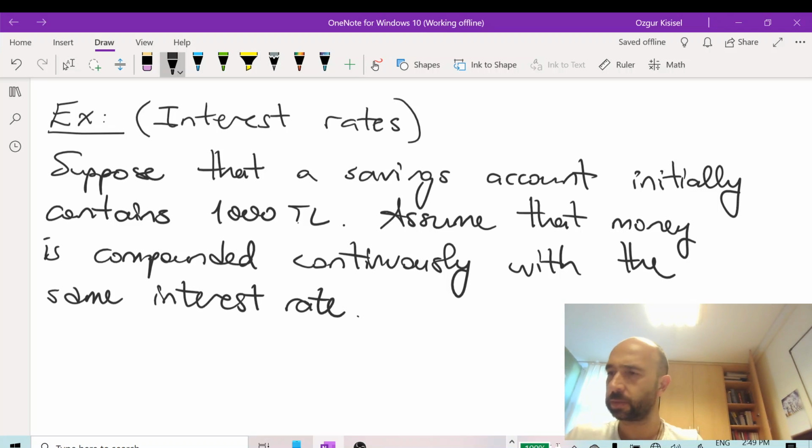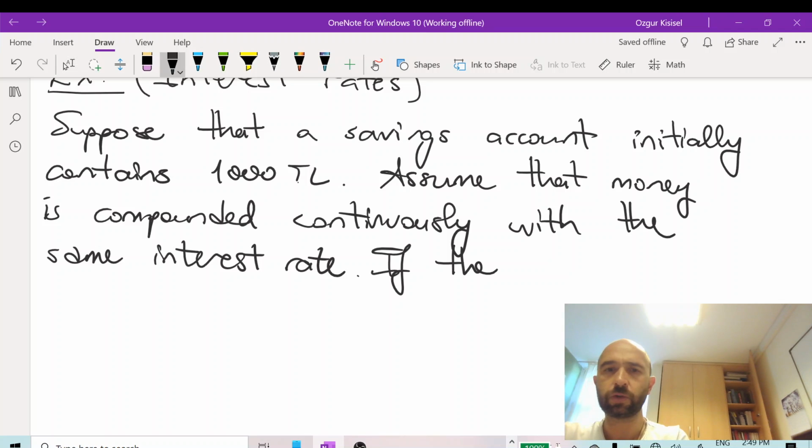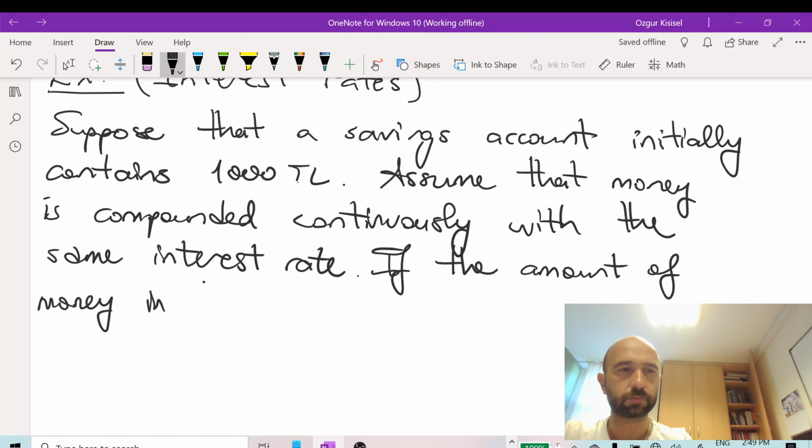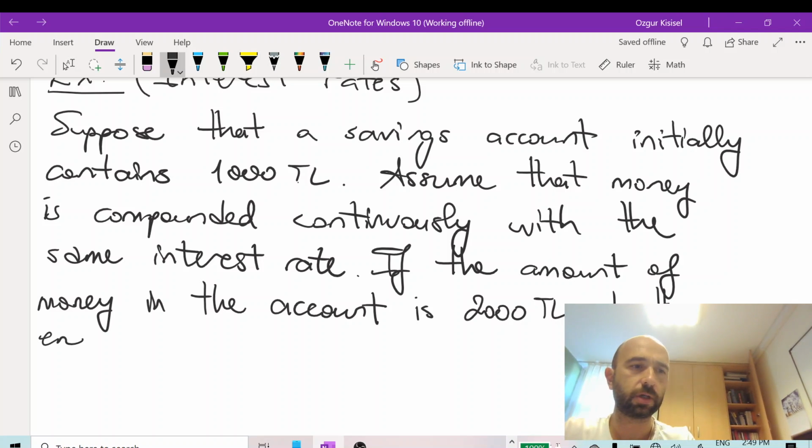Let's make this into some problem. Let's assume that the amount of money in this account is 2,000 liras at the end of the second year.